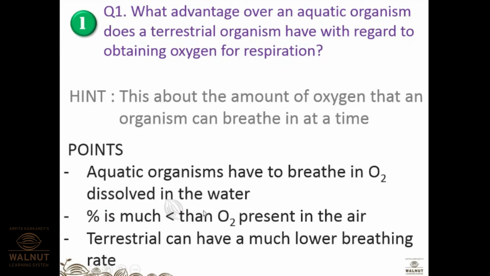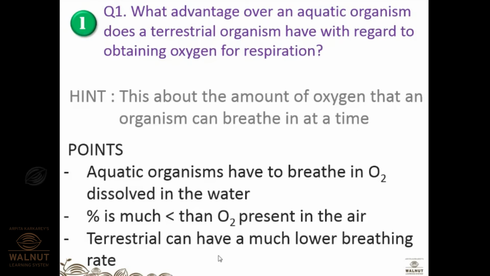Due to the very low percentage of oxygen in water, the breathing rate is much higher in aquatic organisms, whereas terrestrial organisms have a lower breathing rate. The oxygen level in air is higher, no doubt, but the rate is higher in aquatic organisms.